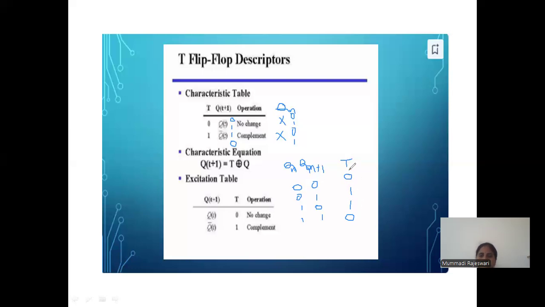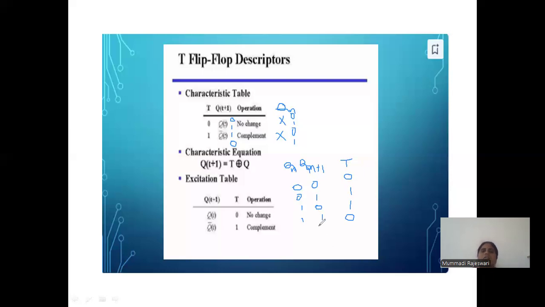In the excitation table, for the first two conditions, 0 0 and 1 1, T is 0, the no change condition, the same as your next state, and for 0 1 and 1 0, it is a complementary state. Whatever the next states are, that is what is reflected here.